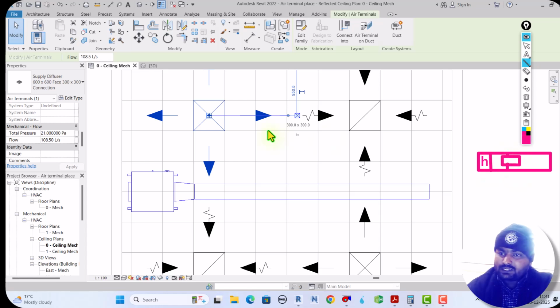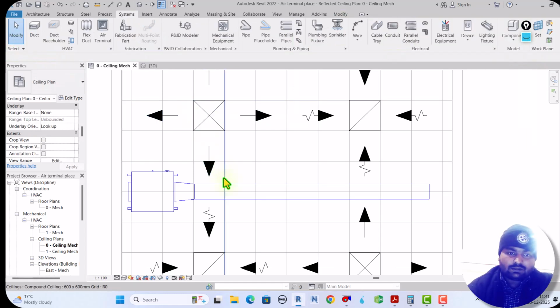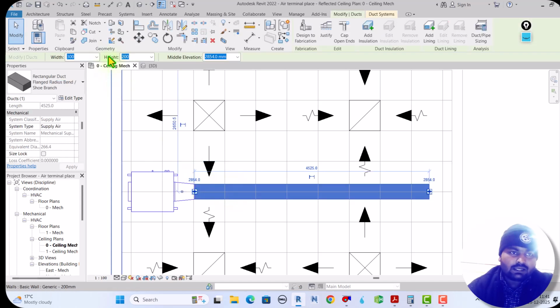It means if the main duct height is 200, then the branch duct height should be 150 mm.